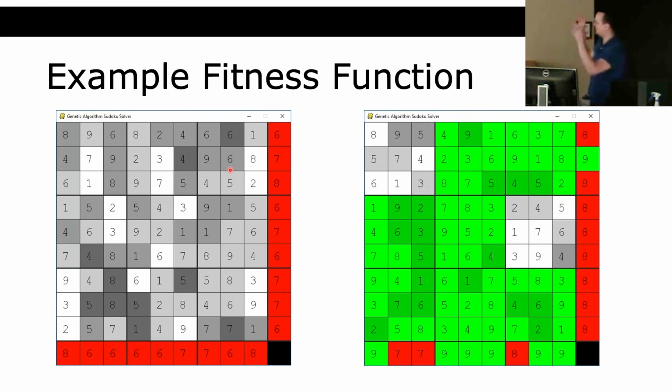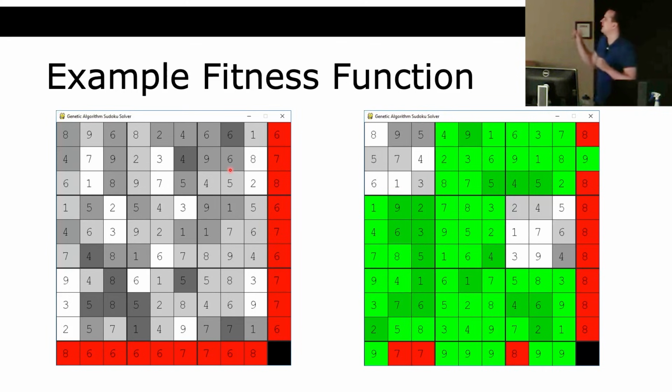So a solved Sudoku board would have a fitness of 243. There you go. That's what it is. As part of the assignment, one of the bonuses is to possibly come up with a better fitness function than that. And by better, I mean your genetic algorithm is going to produce a solution faster.